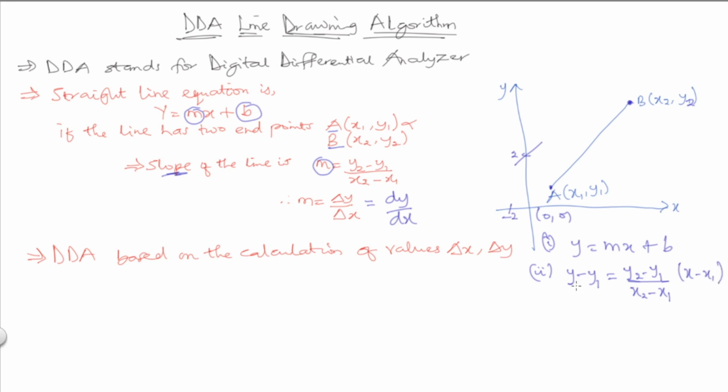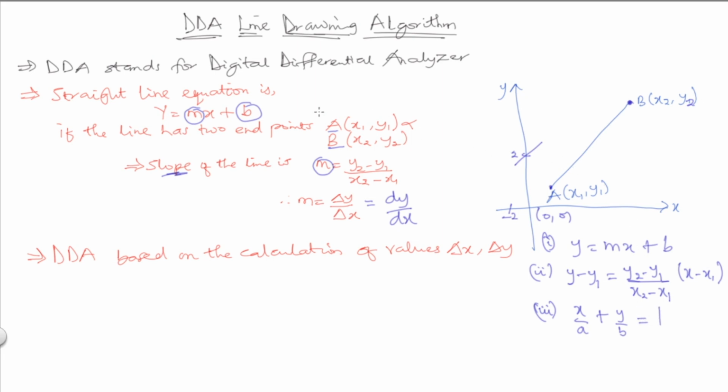So this is the second way of representing an equation of a line. The third and final one is represented this way as x over a, its intercept, plus y over b, which is its intercept, is equal to 1.